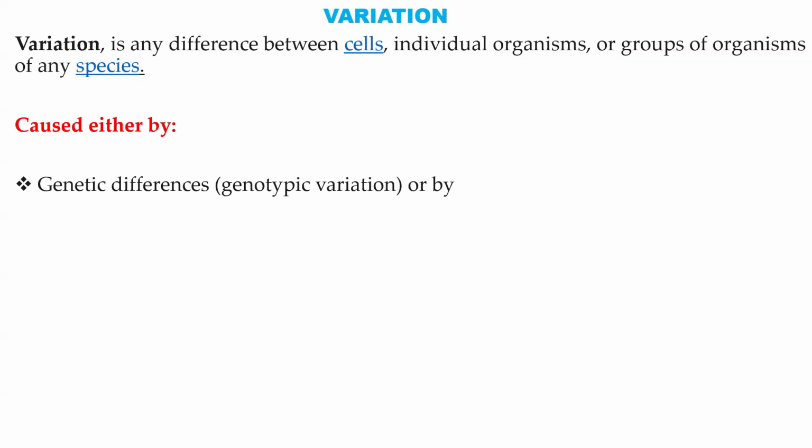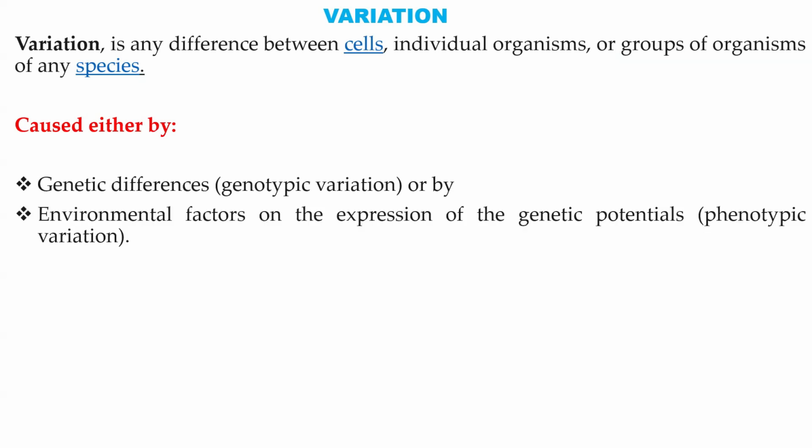When we say genetic variation, it means the difference is from the DNA, which is the genetic makeup. That is why genetic differences are also called mutation. Whenever there is a mutation in the DNA, there must be a phenotypic or morphological difference.